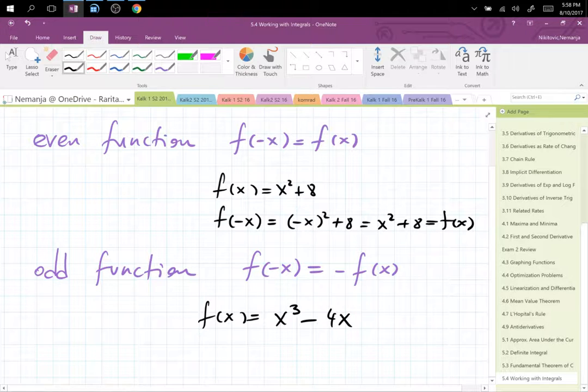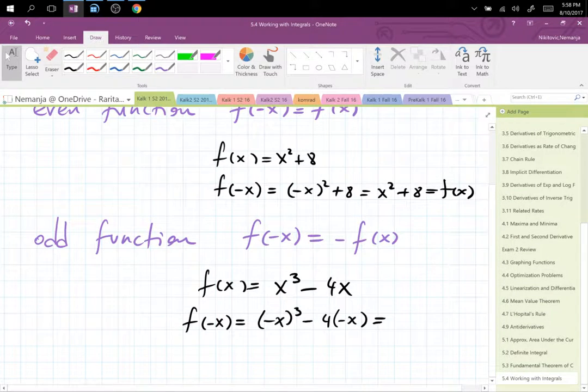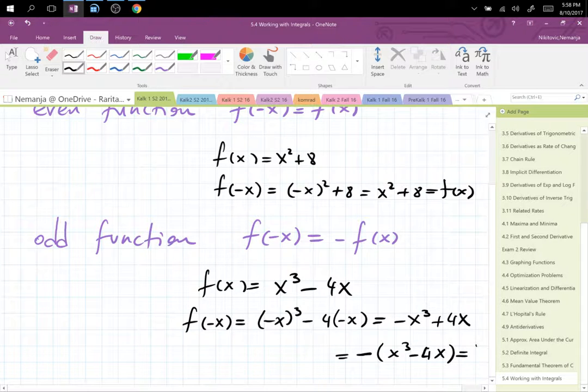This would be an odd function, and you can see that because if you calculate f of negative x, you would have negative x cubed minus 4 times negative x, and then when you compute this, you get negative x cubed plus 4x, and when you factor out the negative, both signs change, and you get your original function back with the negative in front.